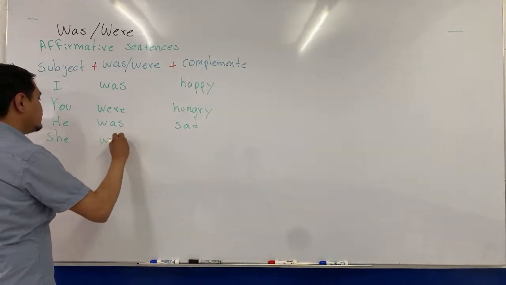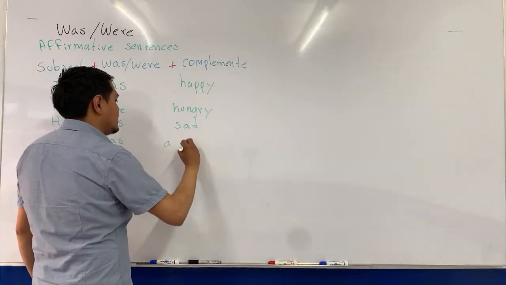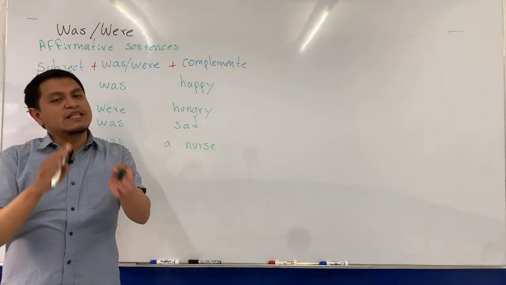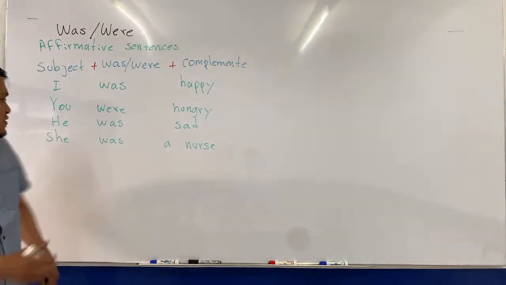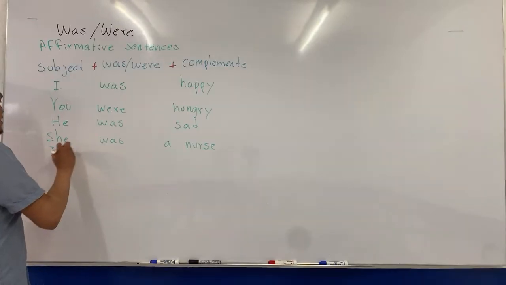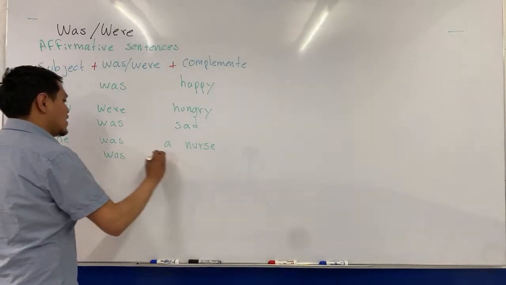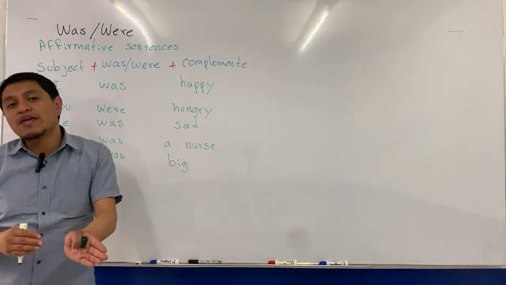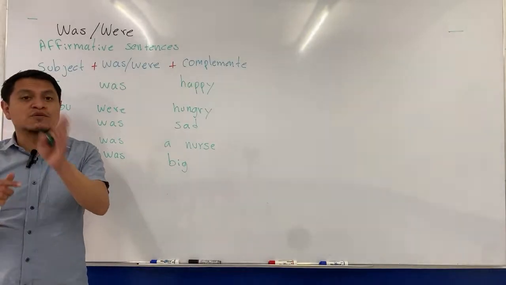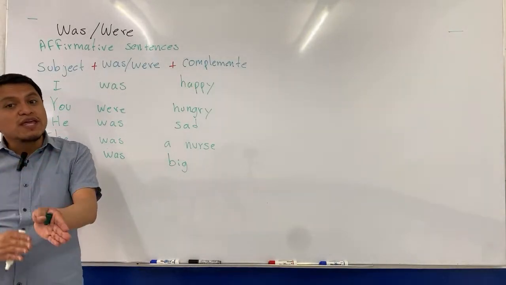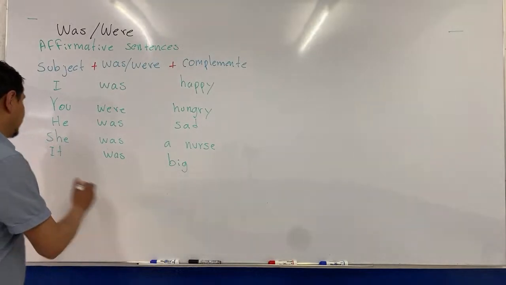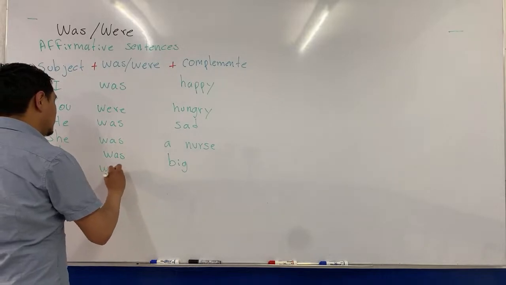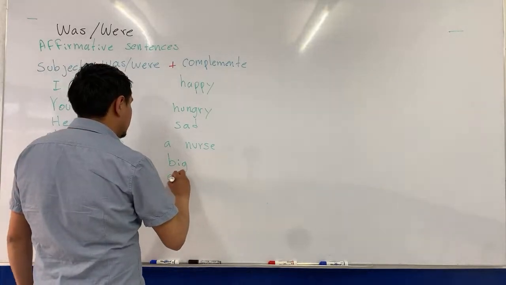She was a nurse, right? Next, it was big. It was big. Next, we were, sorry, don't say we was. We were early. We, personal pronoun, subject, we were early.